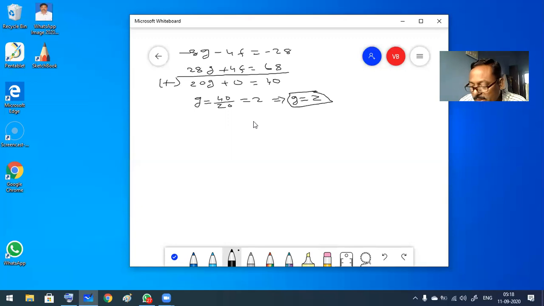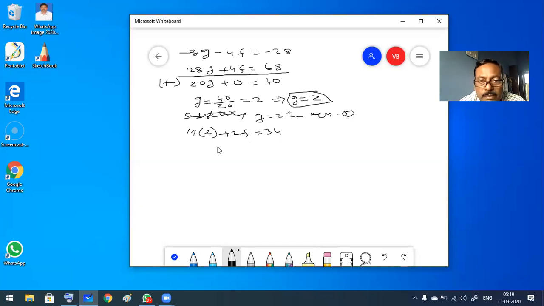Substituting g in equation 6, 14 into 2 plus 2f is equal to 34.